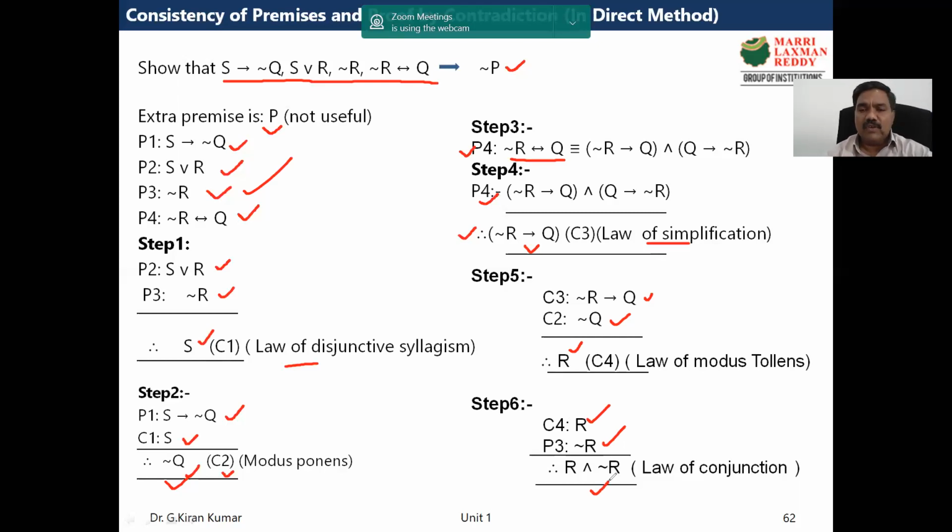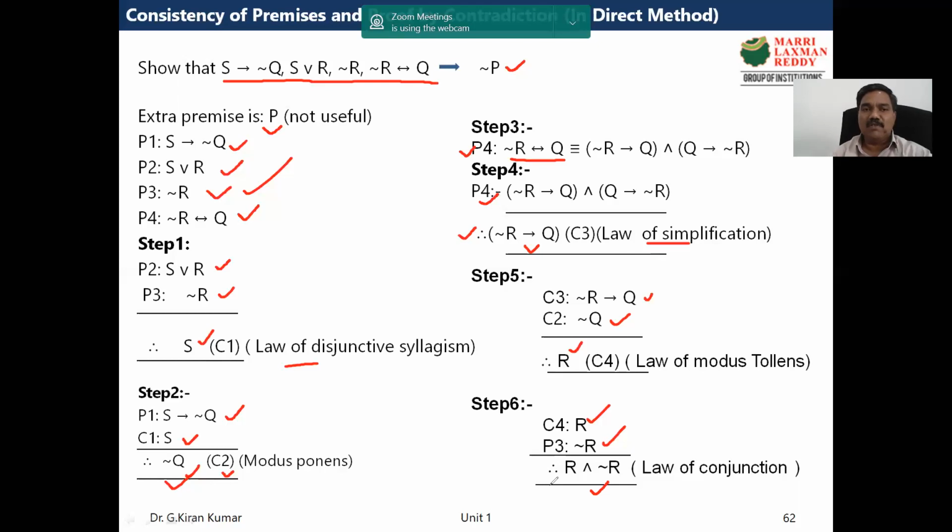Here we can derive any one contradiction statement, but in this slide I have shown R and negation of R. You can try with maybe P and negation of P, or Q and negation of Q, or any expression which is always a contradiction, of the form R and negation of R. So this is how we proved the given premises are inconsistent. Therefore, inconsistent premises can derive anything.